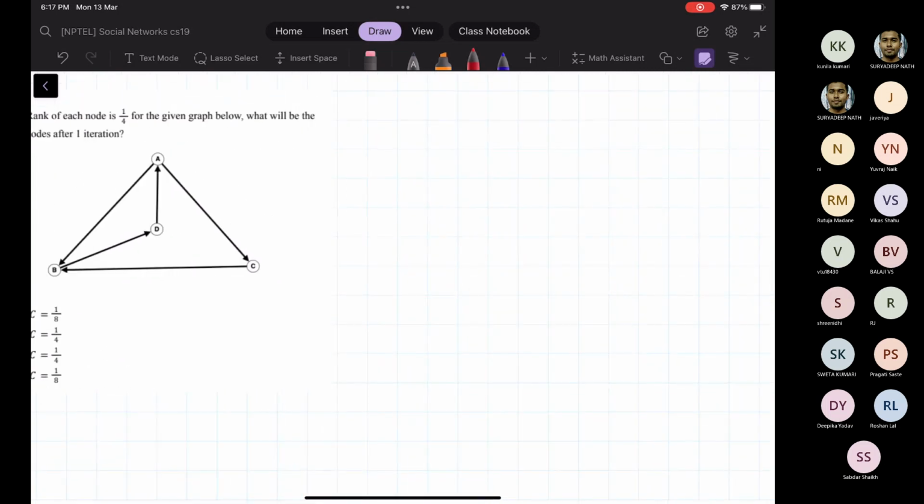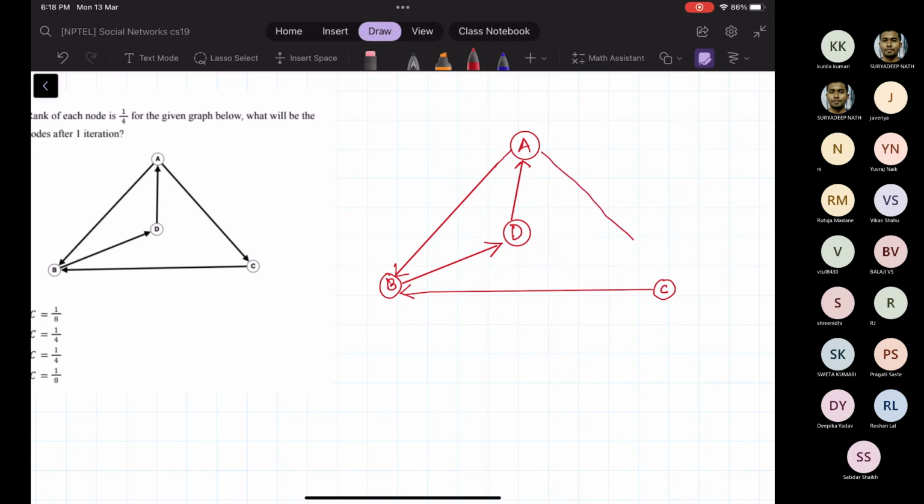So you have A. Initially everyone had page rank 1/4.